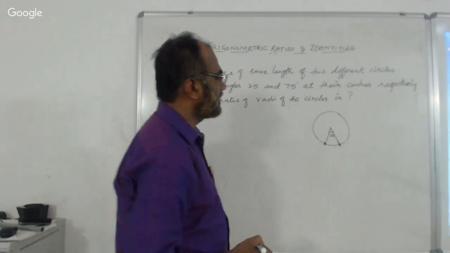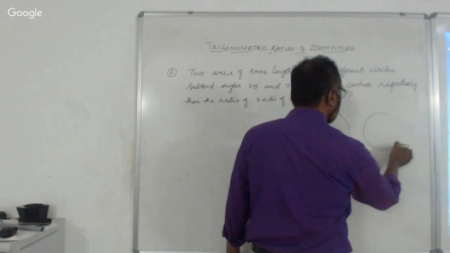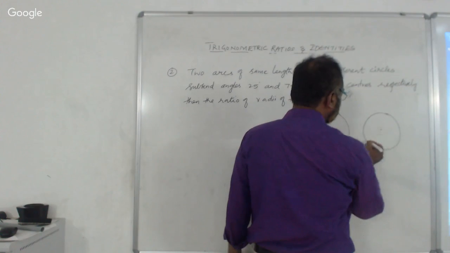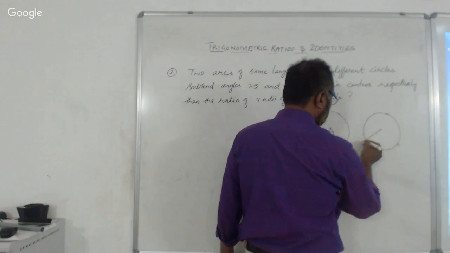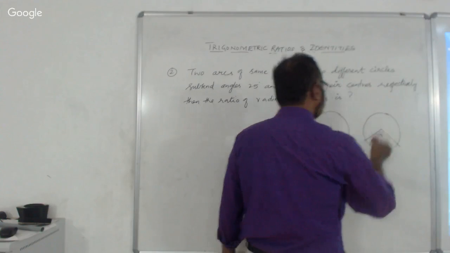Say we have one more circle whose arc makes an angle of 75 degrees at the center.